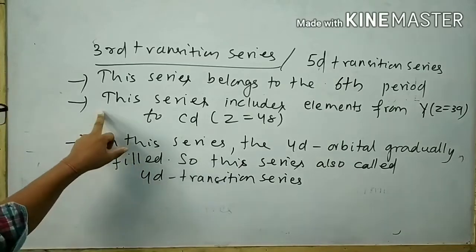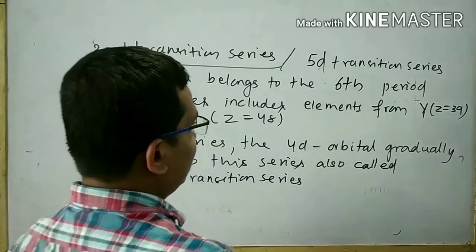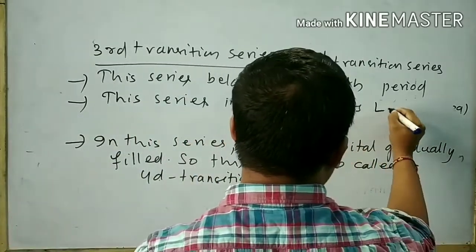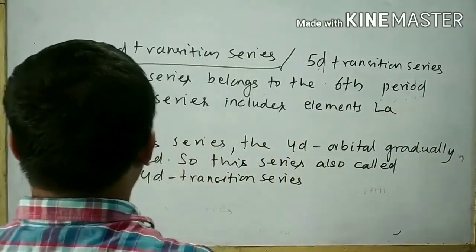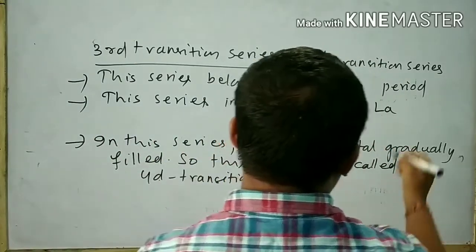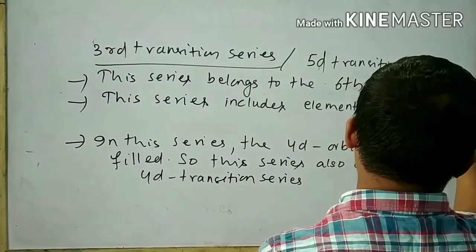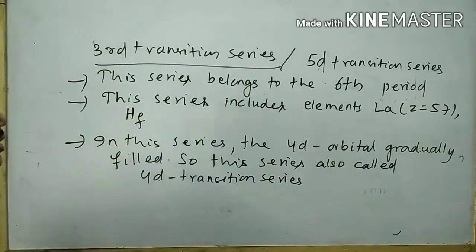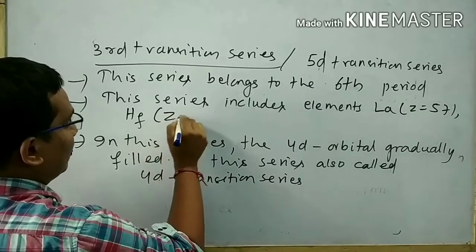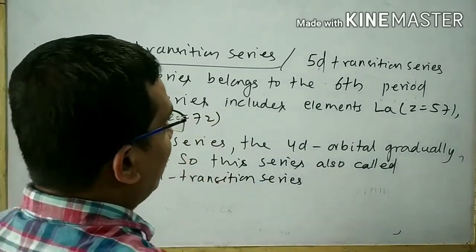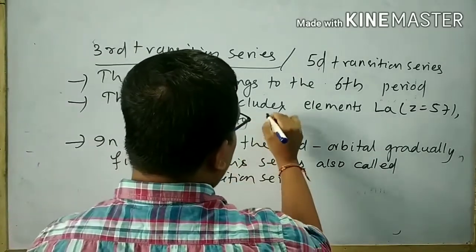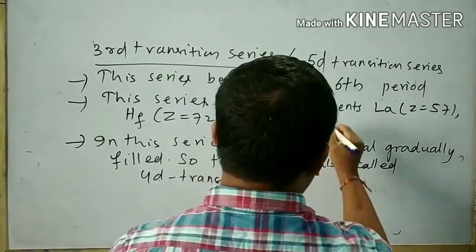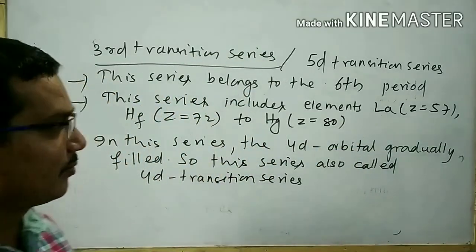And the second point is that this series includes elements lanthanum having symbol La and atomic number 57, then hafnium having atomic number 72 up to Hg, that is mercury, atomic number 80.